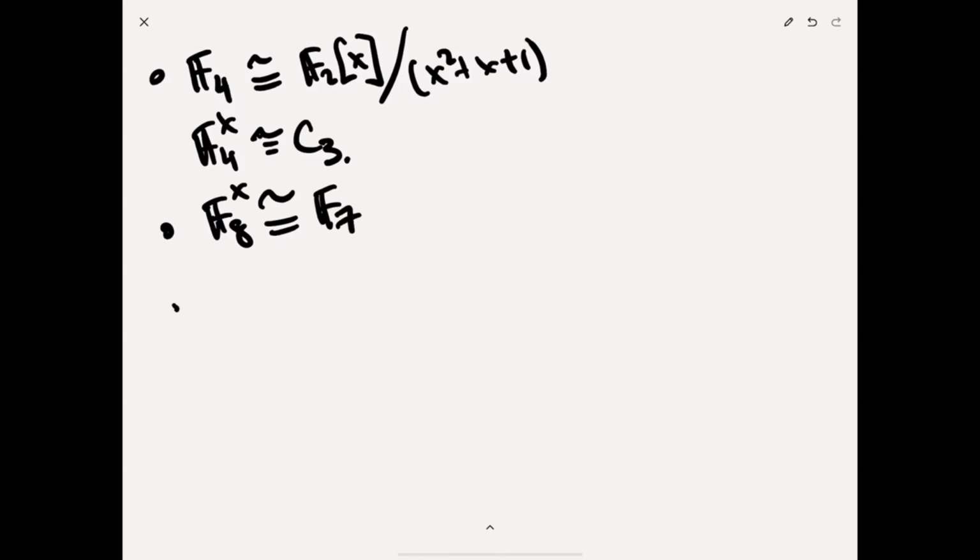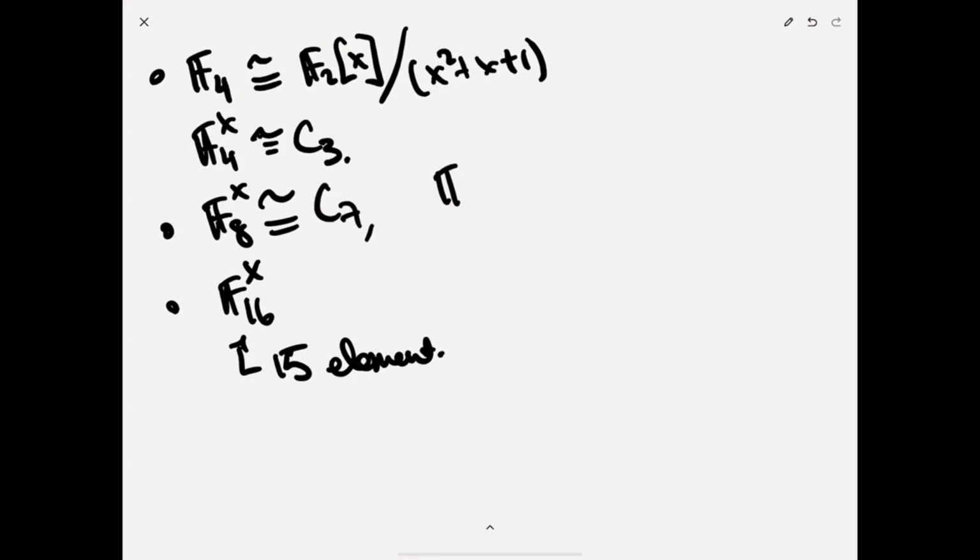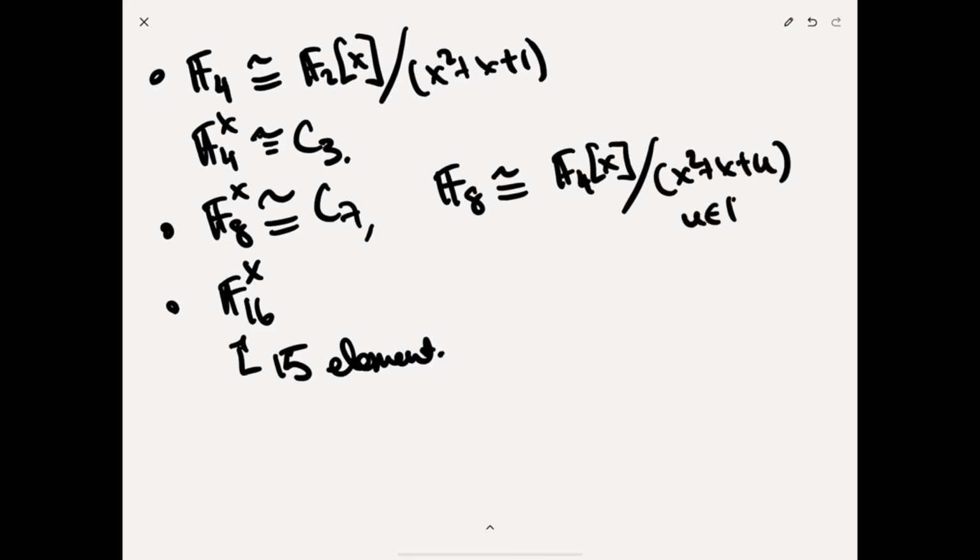Okay, so I think F16. Okay, that's 15, so this thing has 15 elements. So this is the first one that's non-trivial. Oh, sorry, not F7, C7. But this field is isomorphic to F4 adjoin X modulo X squared plus X plus U, I think, for U in F4.